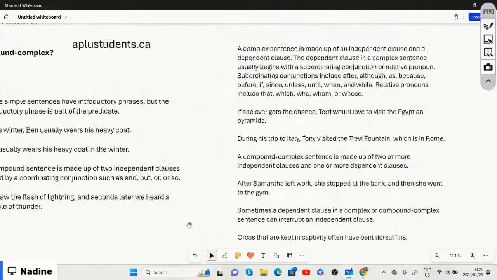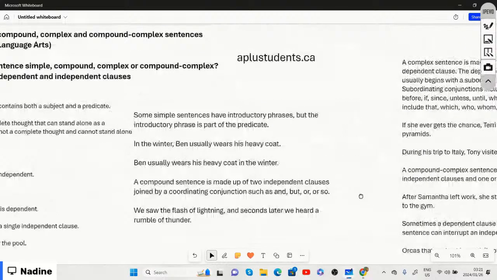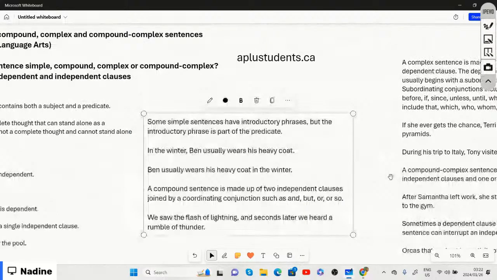So this is basically our different types of sentences, simple, compound, complex as well as compound complex sentences, right? And we are doing a tutorial lesson on aplusstudents.ca.